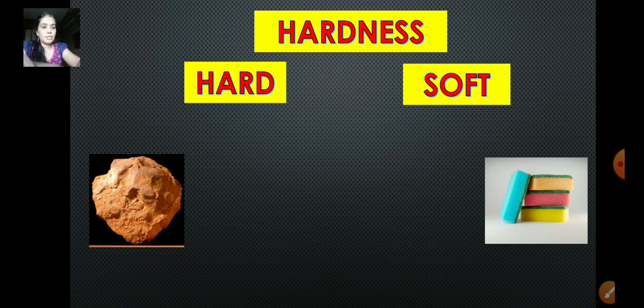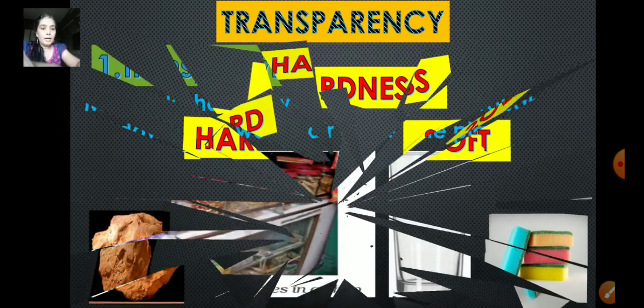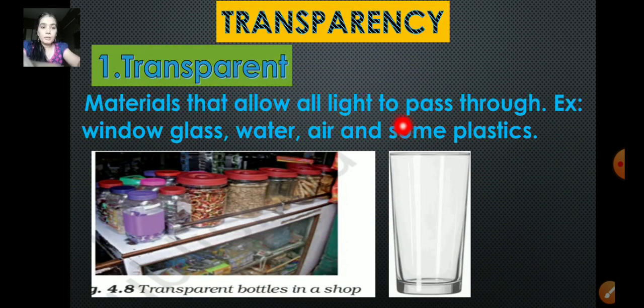And we also learnt about transparency. The materials that allow all light to pass through are called transparent. You can easily remember examples: glass containers and the glass we use to keep liquid.